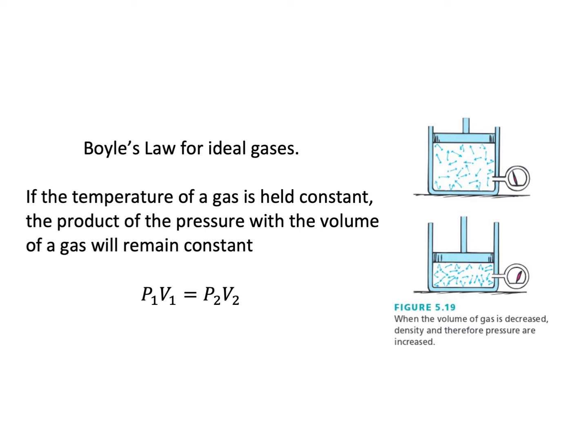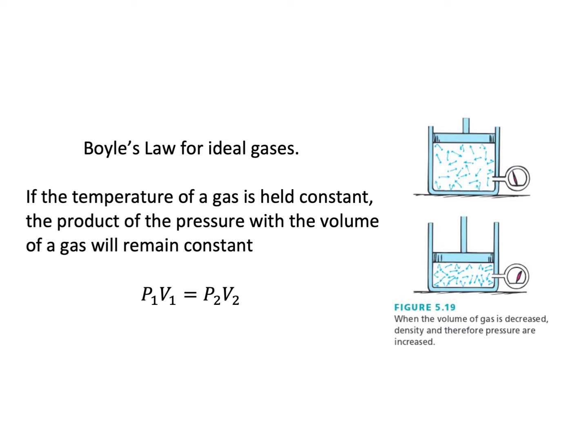But there is a relationship between the pressure and the volume. Under the conditions where the temperature of the gas is held constant, it's not allowed to heat up or cool down, then the relationship is that the pressure of the gas times the volume of the gas is constant for all different volumes and pressures.